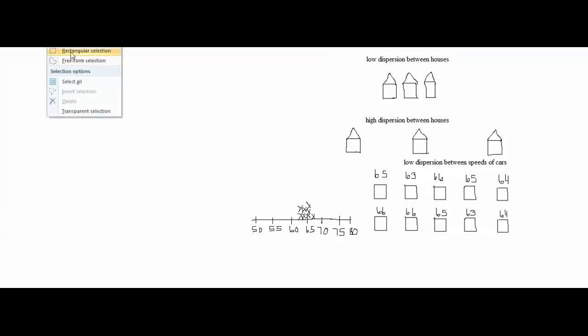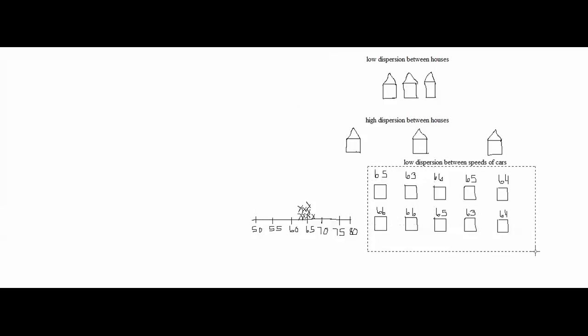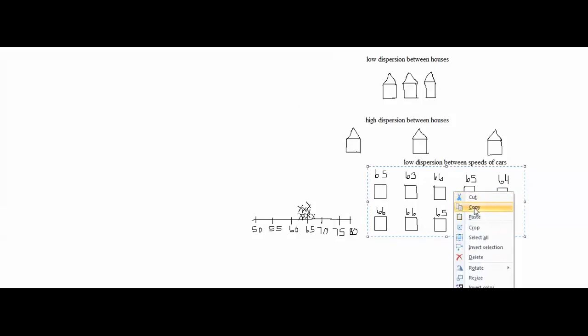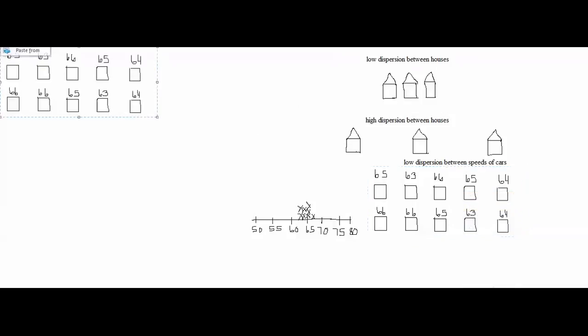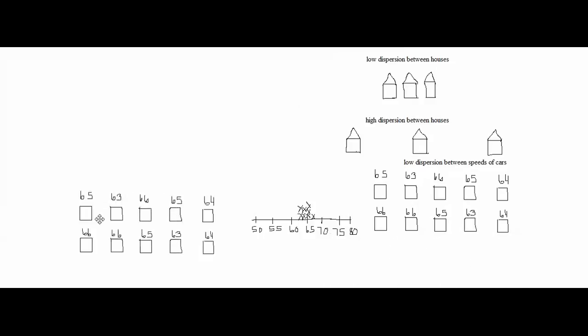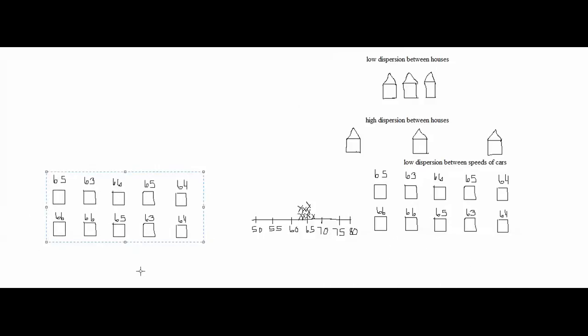Now let's look at another example. Maybe I'll put it over here. What if instead of these speeds, what if we had one car going 80 and another car going maybe 55.